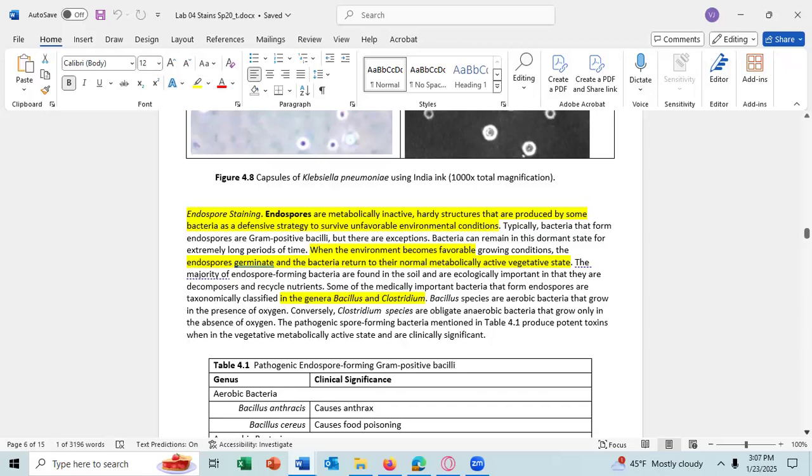The endospore itself is essentially not metabolically active. It's very, very low metabolism, and it's just a cell being held in stasis. It also has a different shape. We'll take a look at that in a minute. There I state the two genera that have the endospores are mostly genera Bacillus and Clostridium.